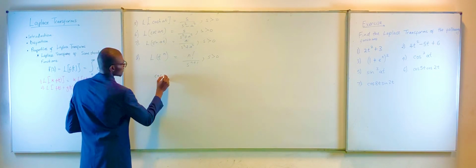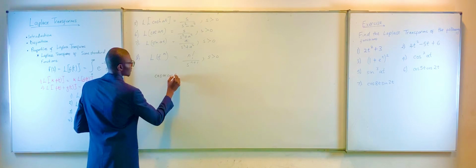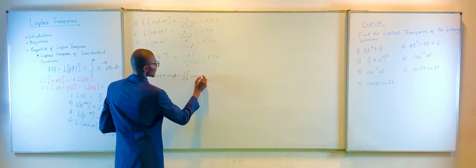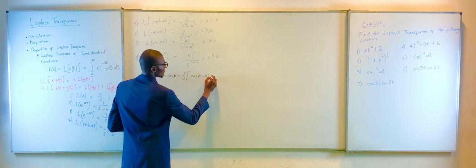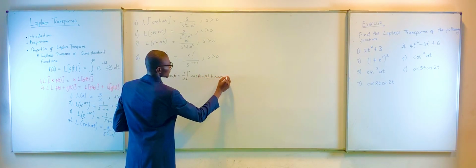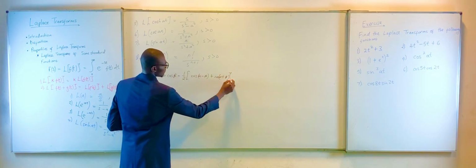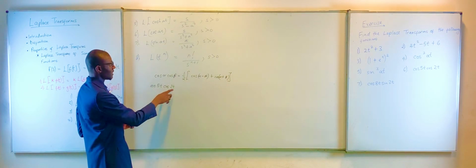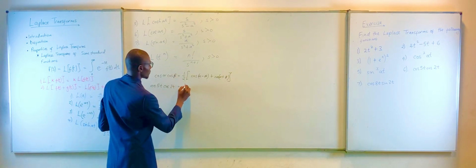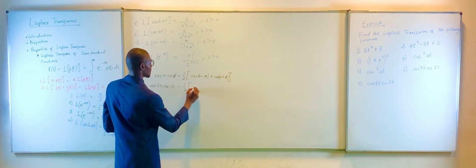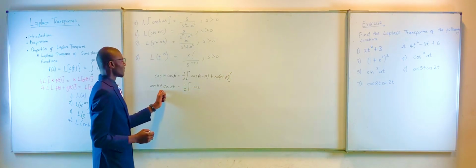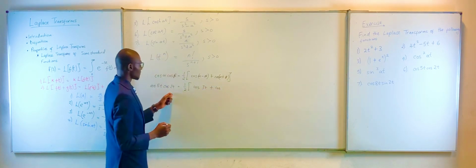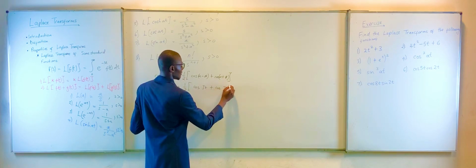We know that cos alpha cos beta is equal to half of cos alpha minus beta plus cos alpha plus beta. So this is the identity that we have to use, such that cos 5t cos 2t would be equal to half of cos 5t minus 2t, that's 2t, plus cos 5t plus 2t, that's 7t.